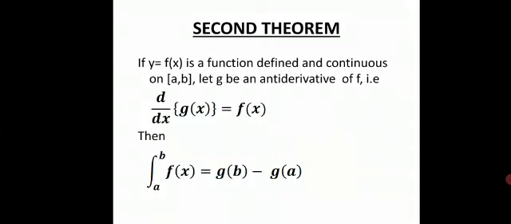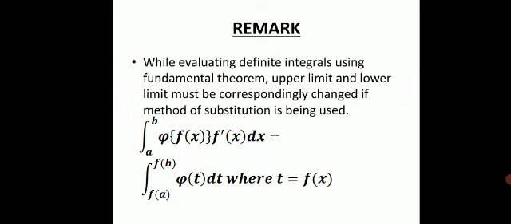This is the second theorem for the antiderivative, that we have to use the form as G, the antiderivative of the upper limit, minus the antiderivative of the lower limit. Now a few things that you have to keep in mind.